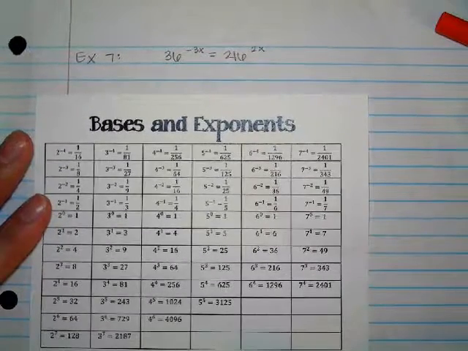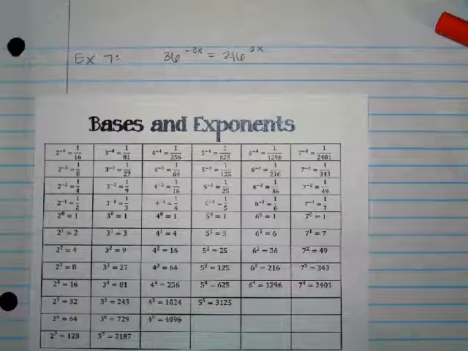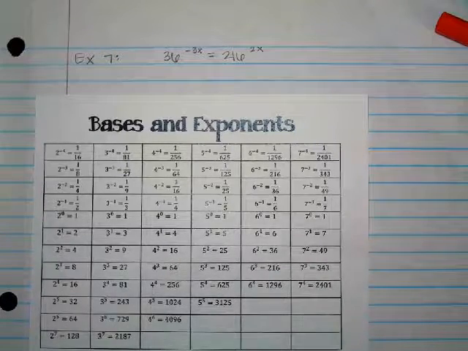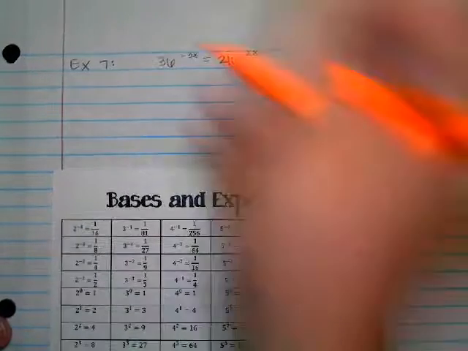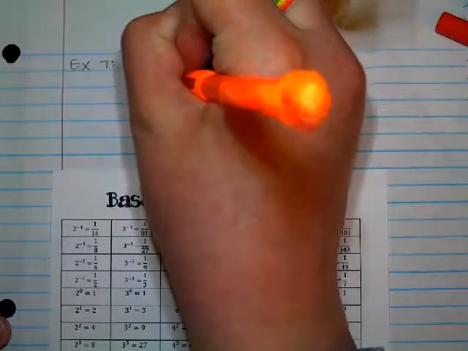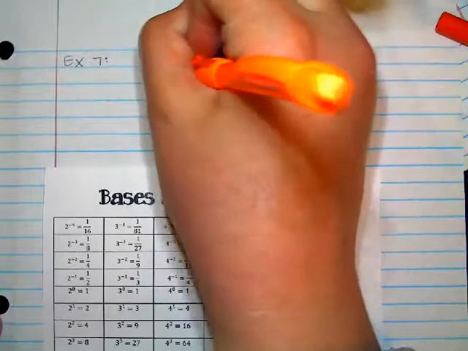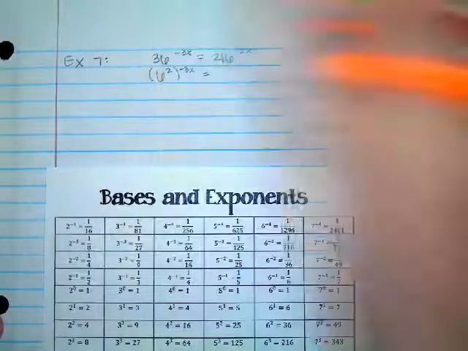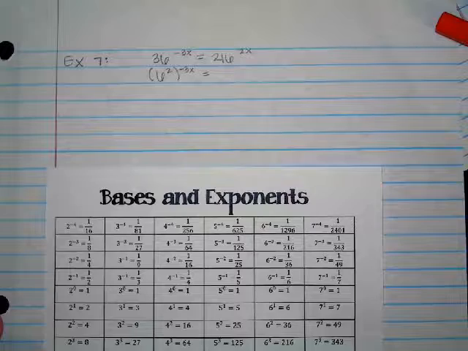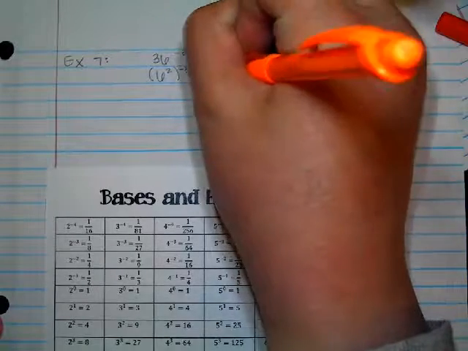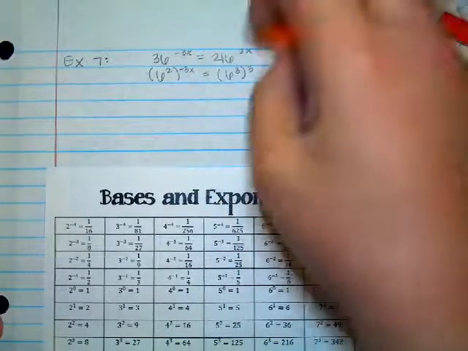Yeah, the 6s. They're in the 6s column, so we're going to rewrite both of those bases as a 6. So 36 is 6 to the what? 2. So I'm going to write this as 6 to the 2, and then I'm going to keep the negative 3x on the outside. And then the 216 I'm going to rewrite as what? 6 to the 3rd to the 2x on the outside.